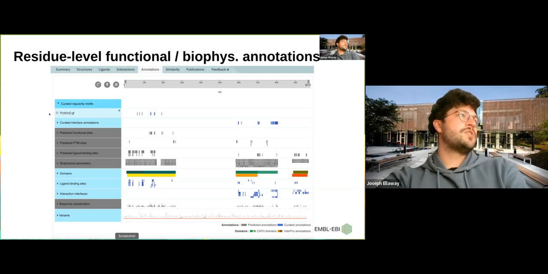And you've got information such as the curated interface annotations, so which other proteins your query sequence is binding, predicted functional sites, post-translational modification sites, predicted ligand binding sites, any biophysical parameters, again the domains which are provided by InterPro and CATH from the previous Structures tab, and then any actual ligand binding sites that we find in the PDB structure, so the experimentally solved structure, as well as actual interaction interfaces between other proteins in the complex, as well as sequence conservation and variants.